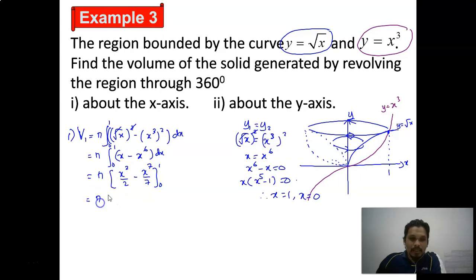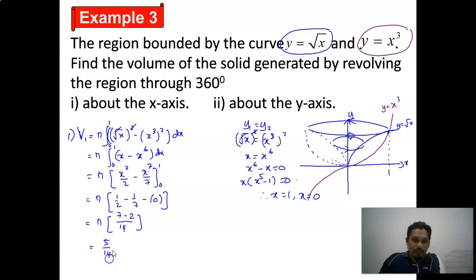So pi, substitute 1: 1 over 2, 1 squared is 1 over 2, minus 1 to the power of 7, still 1 over 7, and minus 0 and 0, everything is 0. So it is pi times (1 over 2 minus 1 over 7), make it over 14: 7 minus 2, which equals 5 over 14 pi unit cube.